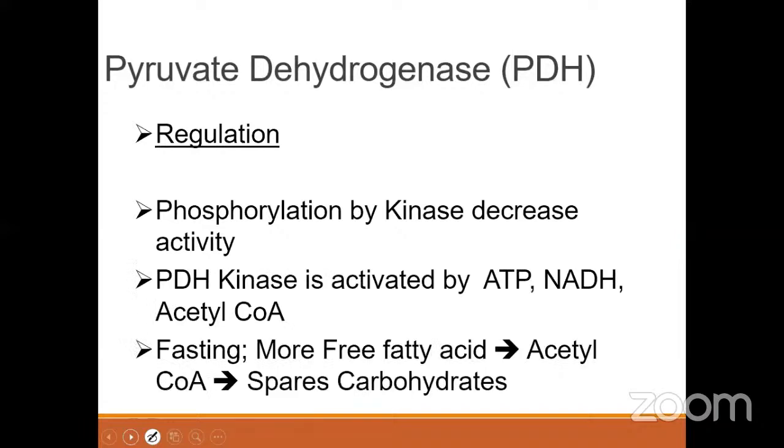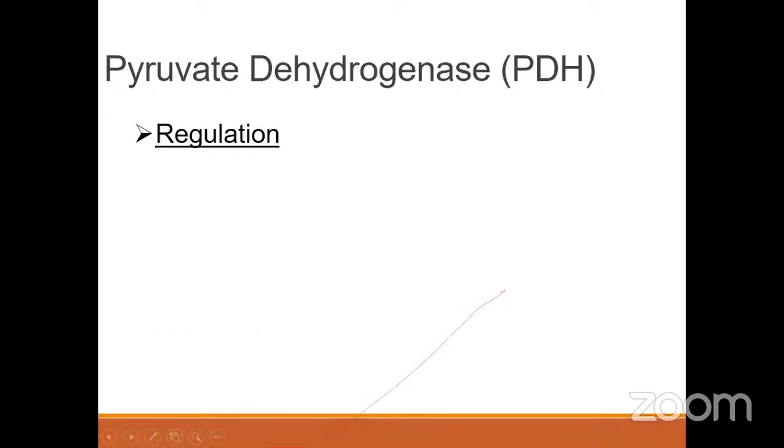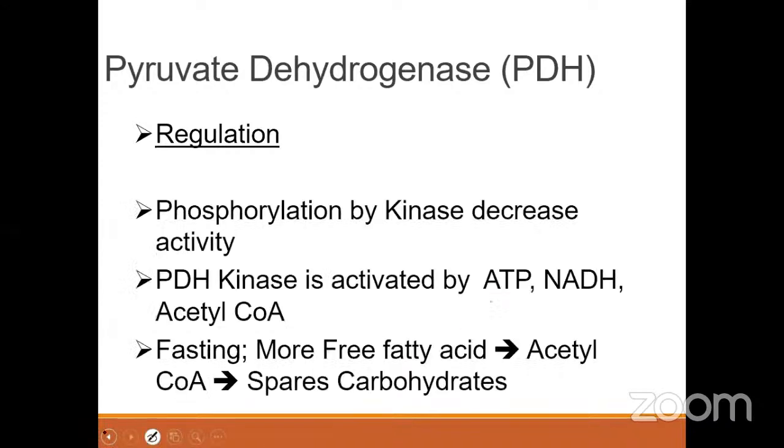So phosphorylation, the same thing is written here. Phosphorylation by a kinase decreases the activity. The kinase is activated by end products, which are NADH, ATP, and acetyl CoA. What happens in the fasting state is that more free fatty acid will be formed, and that free fatty acid on degradation will produce acetyl CoA.